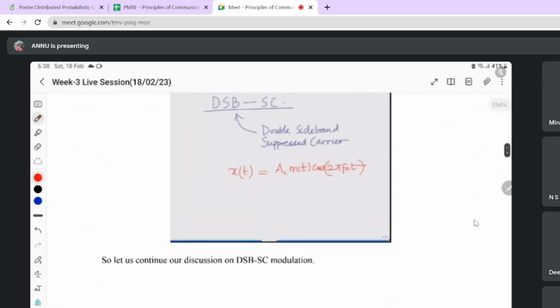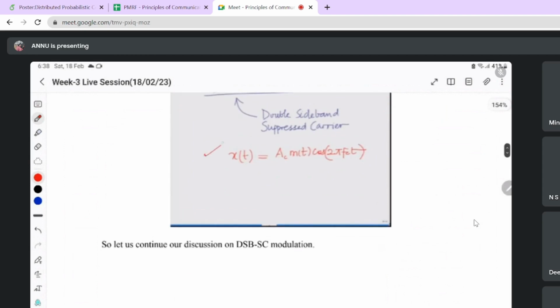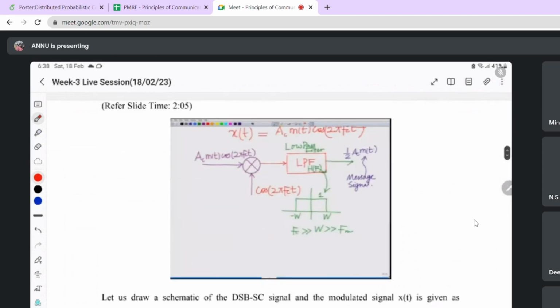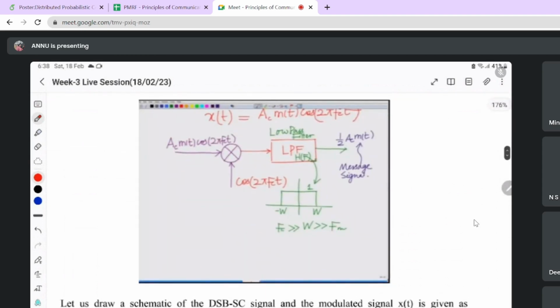So DSBSC, this is the DSBSC signal mathematics diagram, and this is basically the basic building block of the demodulation process. You should remember this particular thing.